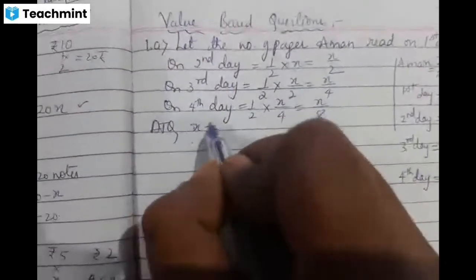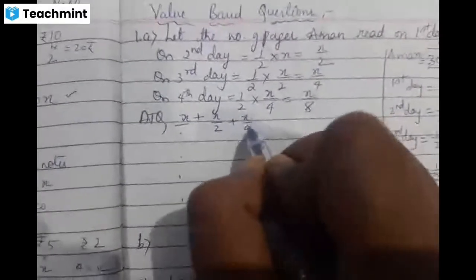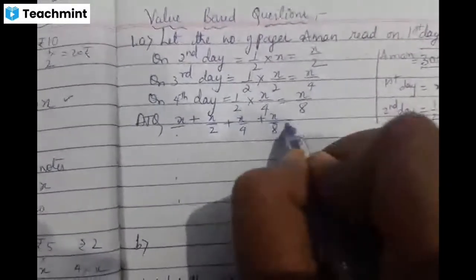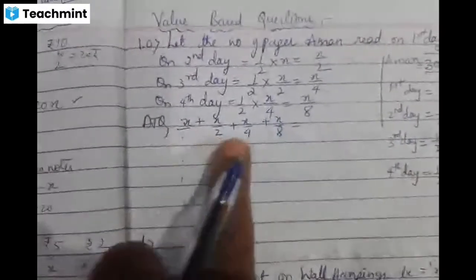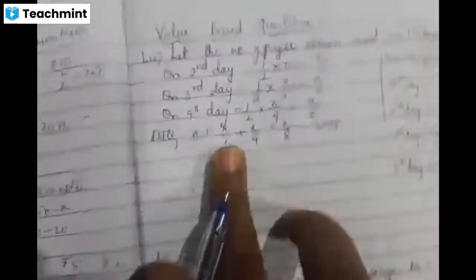So x, x by 2, x by 4, x by 8, total 4 days he has read these many pages. If you add these, we have to get 300 pages. Now we have to solve for x, children.